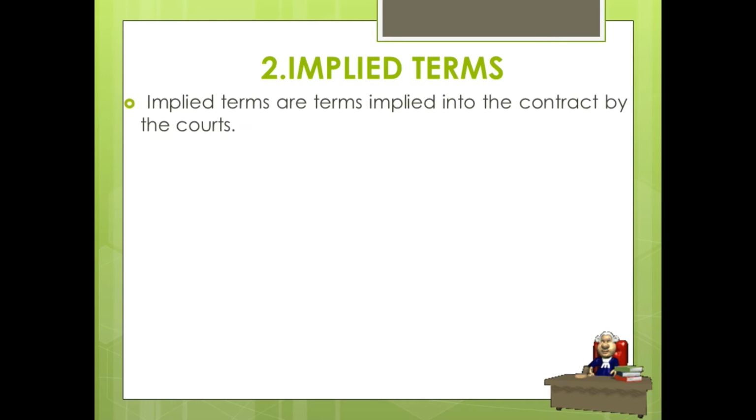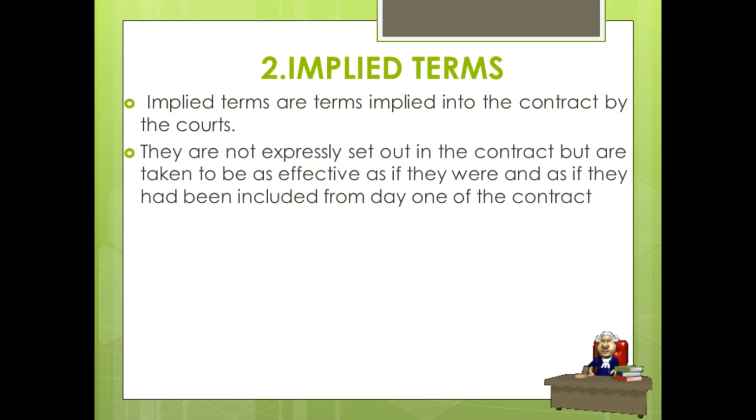Next, we have implied terms. Implied terms are terms implied into the contract by the courts. They are not expressly set out in the contract but are taken to be as effective as if they were, and as if they had been included from day one of the contract.